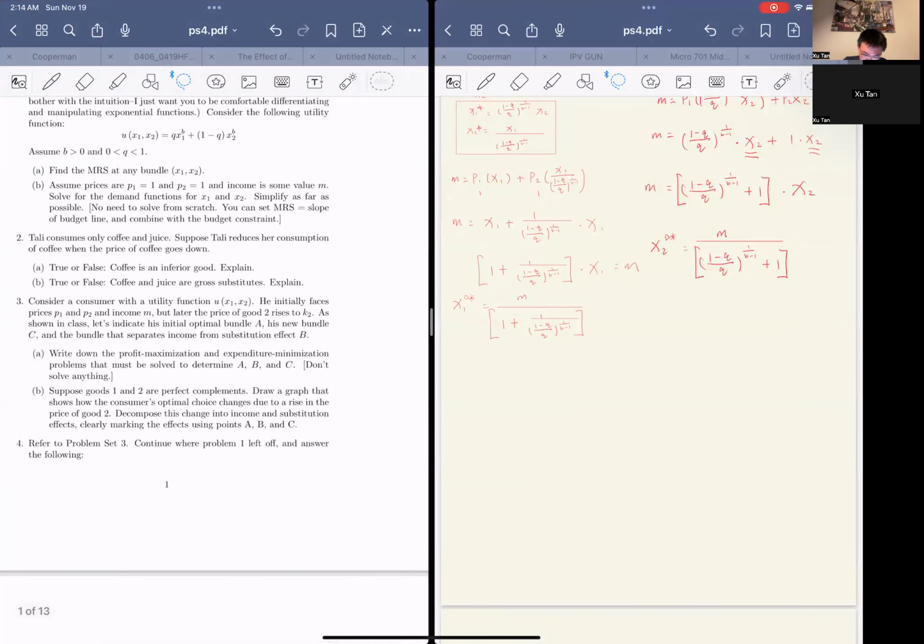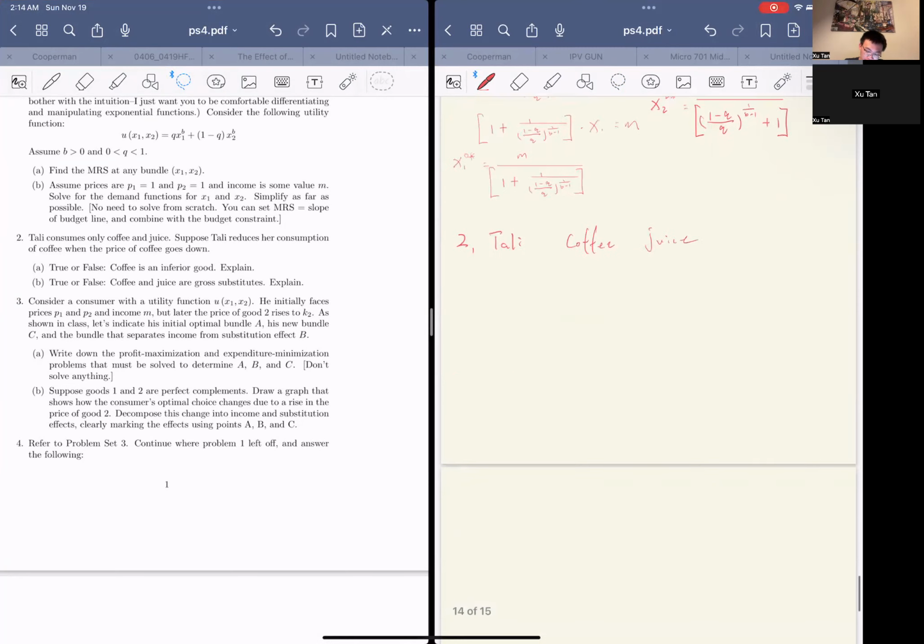Question 2. Tally consumes only coffee and juice. Suppose Tally reduces her consumption of coffee when the price of coffee goes down.